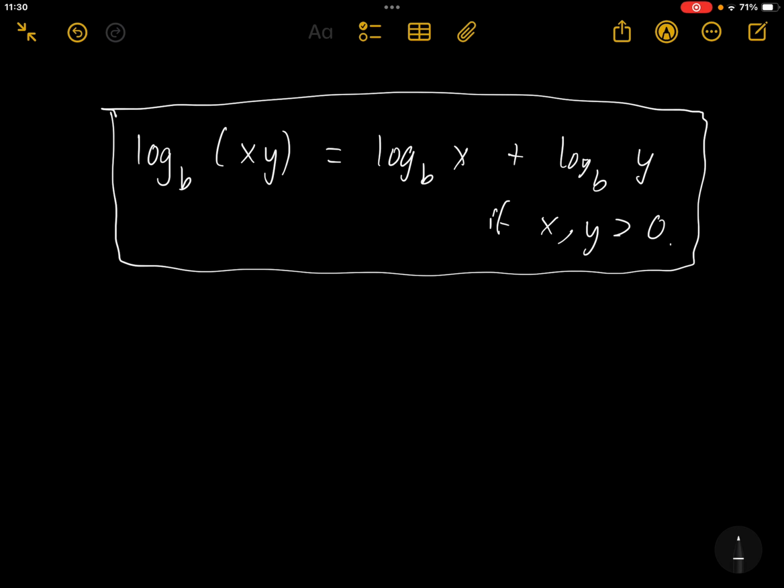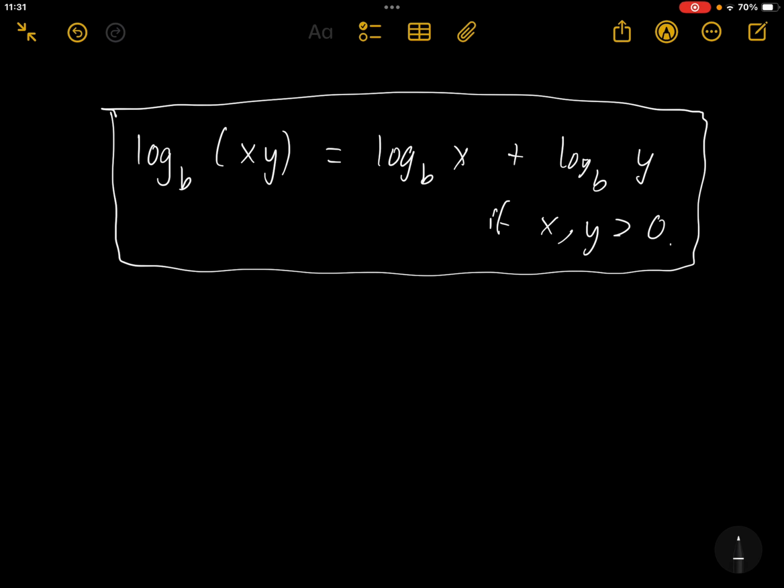Well, we know that when x and y are positive numbers, they are always b raised to some power. If b is any positive number, the range of the function b to the x is all positive numbers.